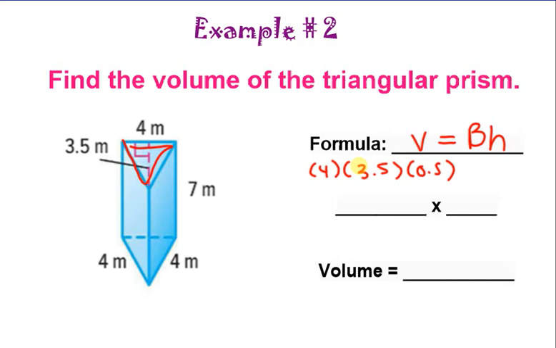So when I calculate 4 times 3.5 times 0.5, I'm going to get 7, and then my height of the entire prism is 7. So I'm going to put my units. My whole volume, 7 times 7 is 49. Meters squared times meters is meters cubed. Okay?